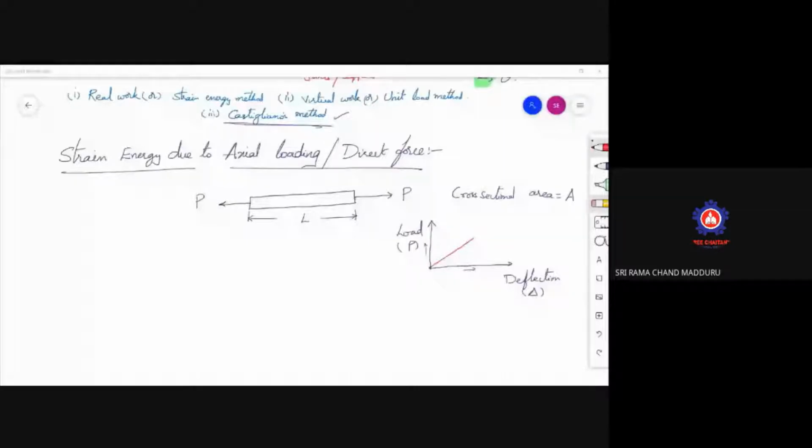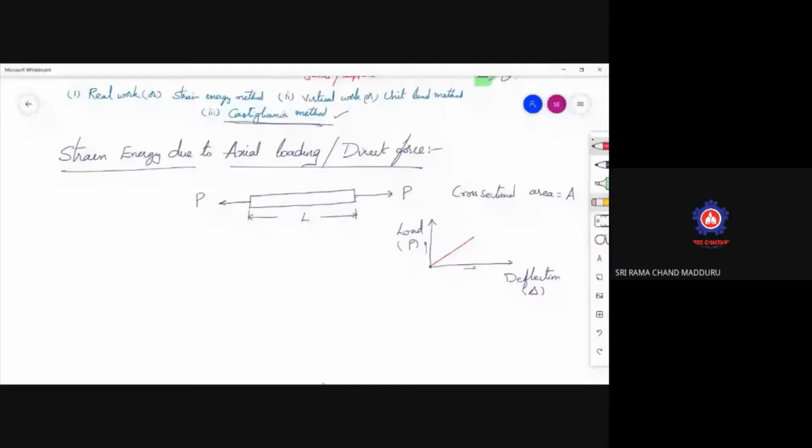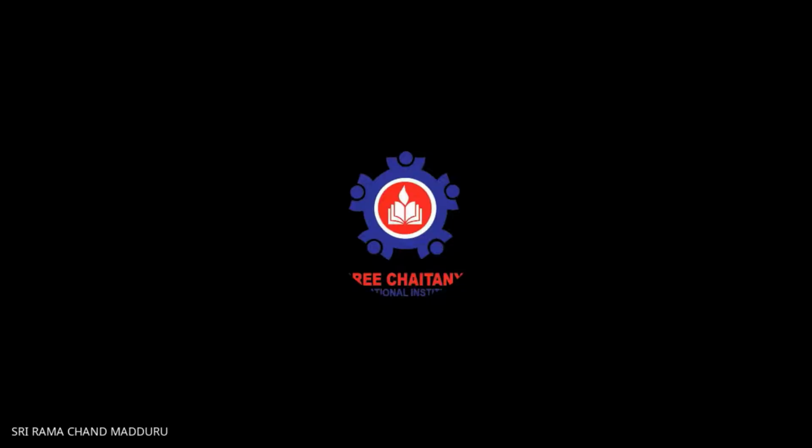Here is the value of P, and the corresponding deflection is delta. If I want to know the deflection at a certain point corresponding to a load, then you can calculate it using this graph.